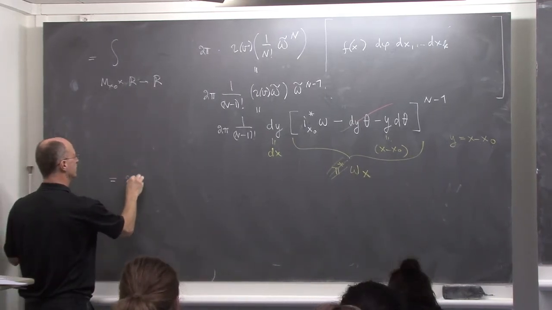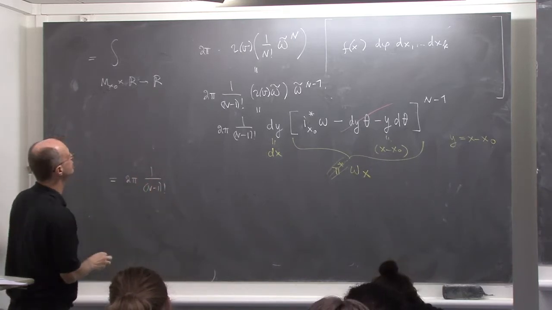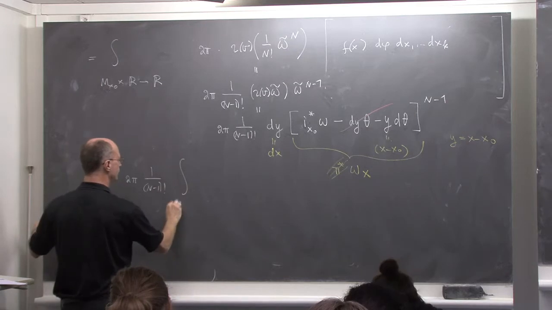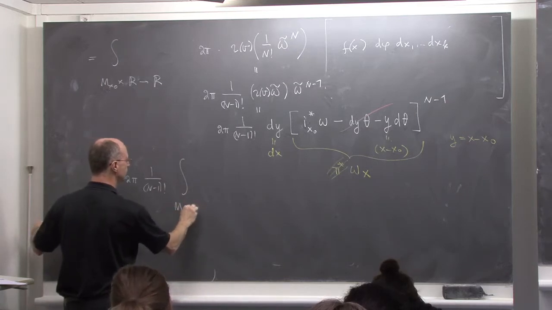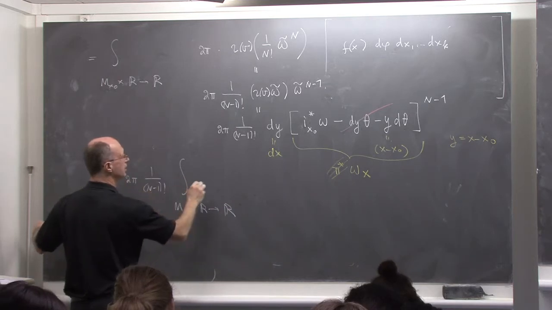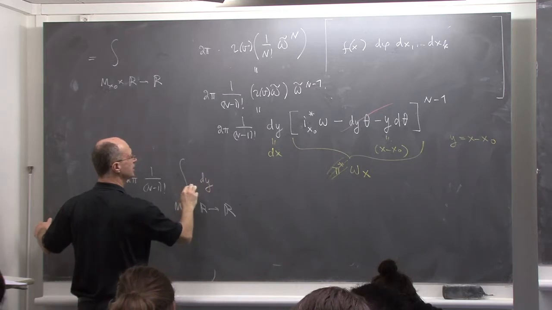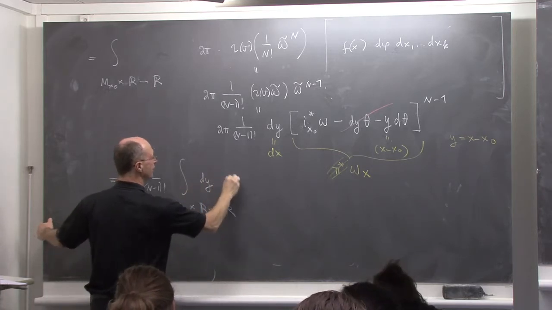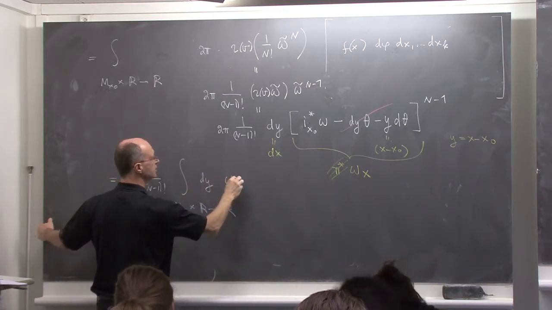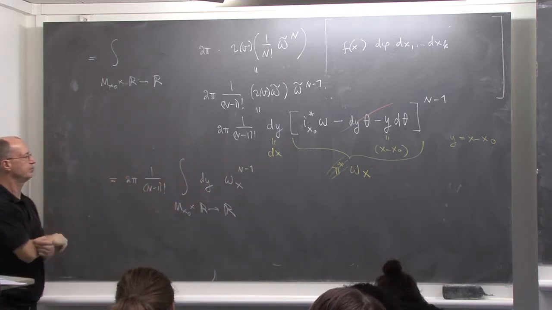We get 2 pi, 1 over n minus 1 factorial, the fiber integral over M_x0 cross R to R, and here dy, and here omega x to the power n minus 1.